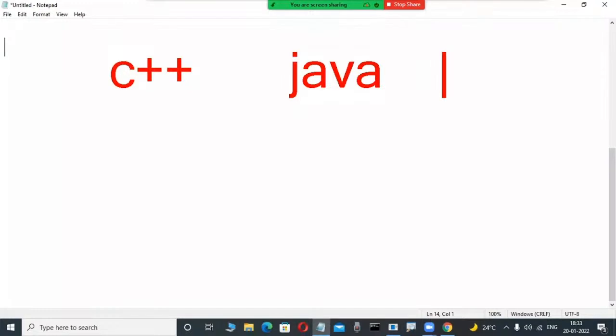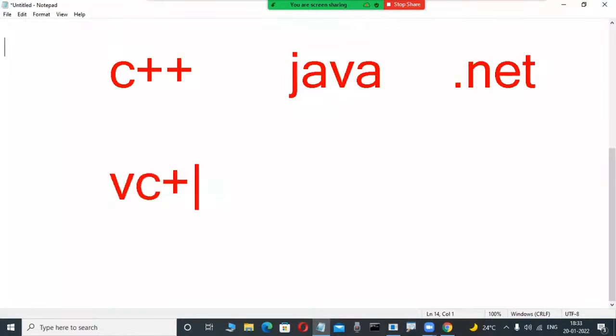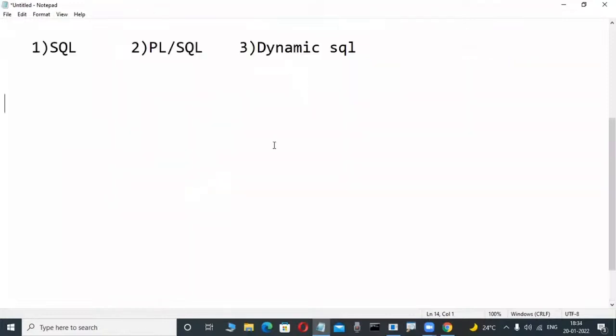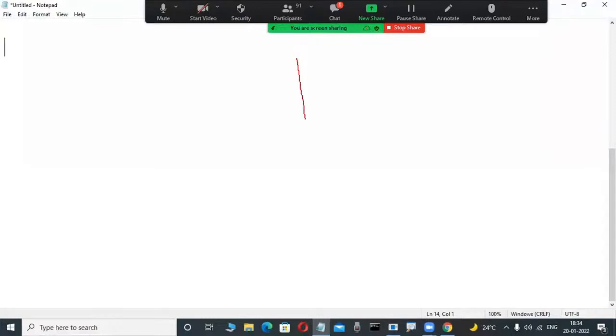C# .NET is an object-oriented language. VC++ is an object-oriented language. That's why there are so many object-oriented languages. Suppose today I'm taking two languages as an example. Through that, the same similar concepts are there, and through them we are observing whether all these SQLs are different or the same.